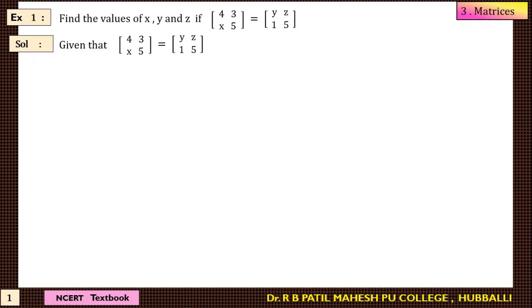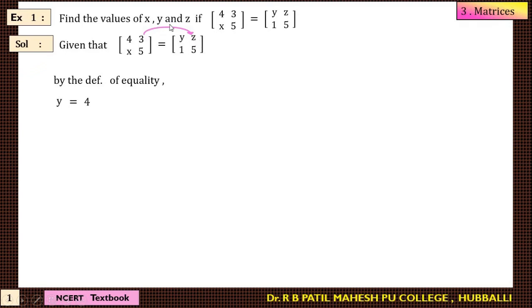So we know this one. Using the definition of equality, we take 4 equal to y, that is y is equal to 4. In the same way the 1 2 position is equated with the 1 2 position, because on the right side the 1 2 position is an unknown term.